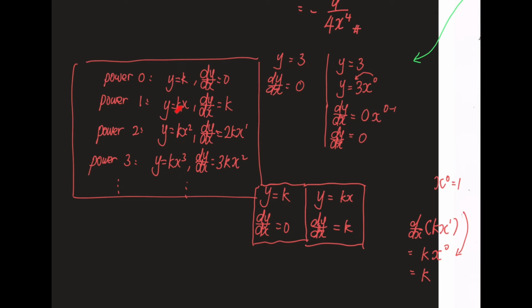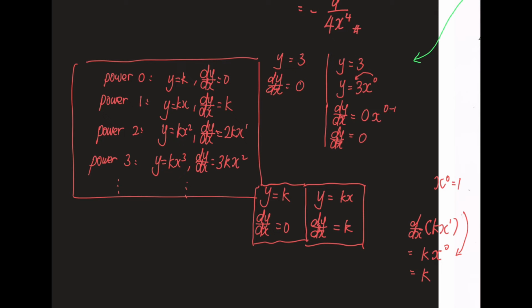So if x is power 1, then straight away become the coefficient. Like 3x become 3, 8x become 8, half x become half, negative 3x become negative 3, or even fraction, 1 over 2x become 1 over 2, even decimal coefficient like 0.1x becomes 0.1. So power 2 onwards is normal already. So this one I assume you know.